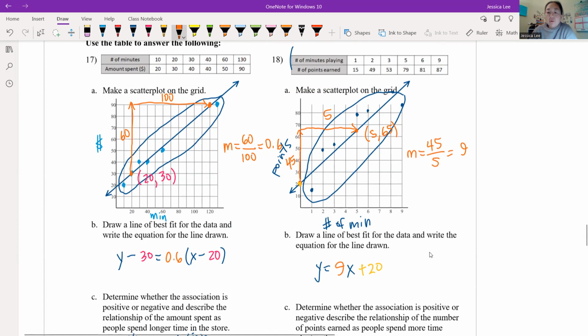All right, point-slope form would look like this. y minus y1, which is the y-coordinate, which is 65, equals m, so the slope, which is 9, times x minus x1, which is this 5 right here. So that would be point-slope form.